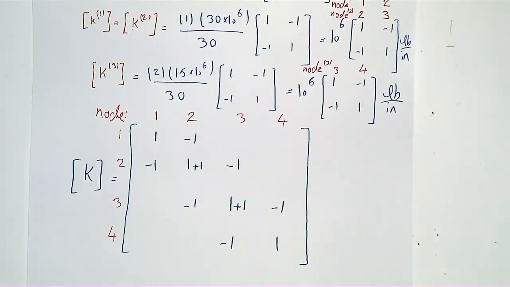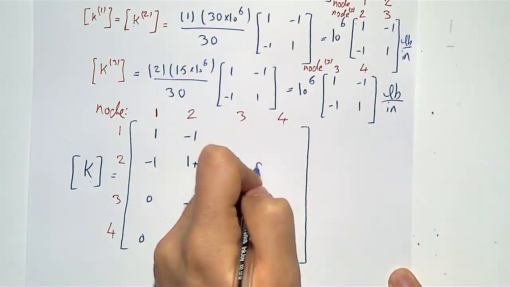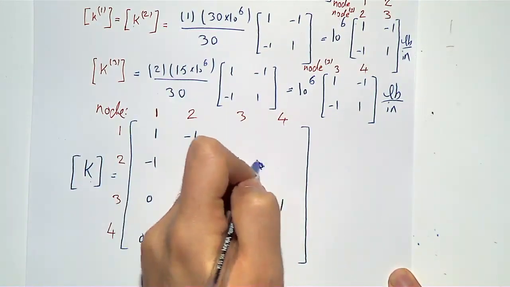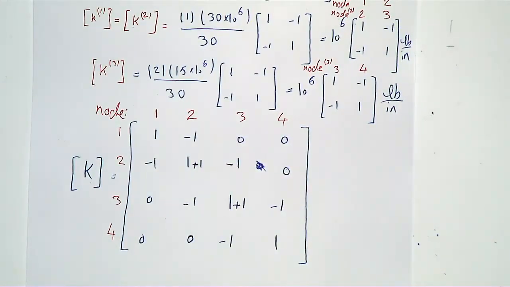And if you don't have anything to put for the rest of the components, just put 0 there. This is 0, 0, 0. Sorry, 0, 0, 0. So we assembled the global matrix.